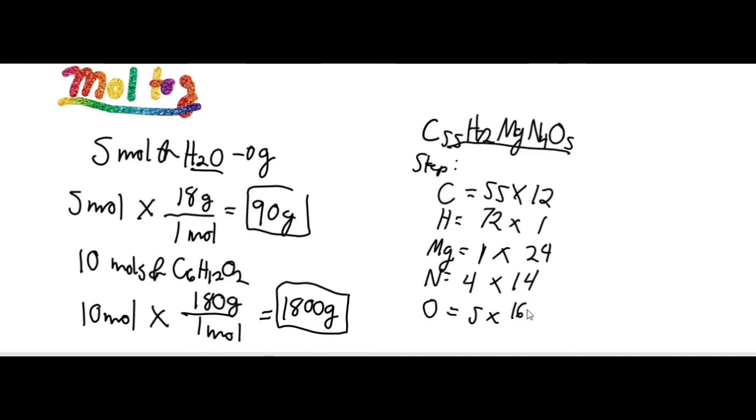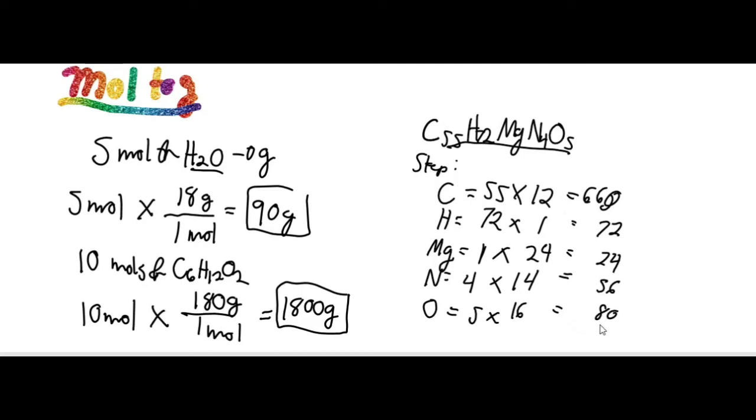Now, let's multiply it. 55 times 12, we got 660. 72, 24, 14 times 4, that's 56, and 16 times 5, 80.